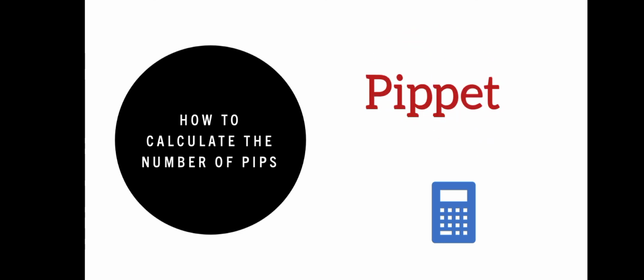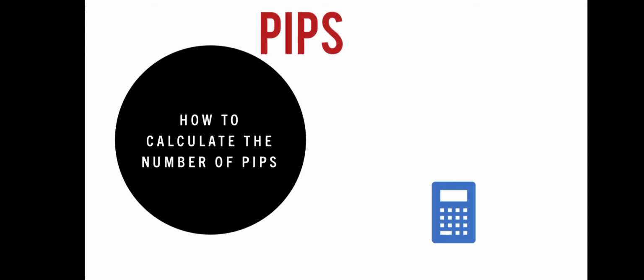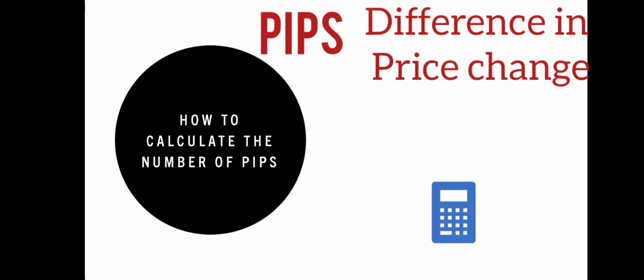The pipette is essentially 1/10 of the pip value, and this is not really significant when it comes to the forex market, right? But just so you know, that is the pipette. So it is absolutely fine for you to just rule it out completely and have your number of pips running figured out. So the pips is essentially just the difference in price change, right?